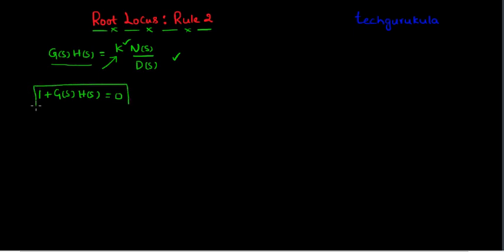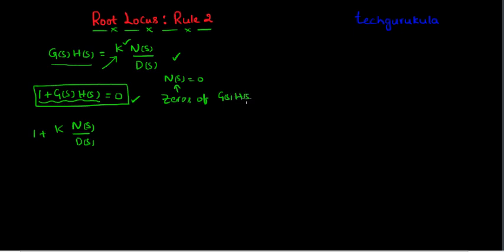So this function, which is 1 plus G(s)H(s), is the denominator of the closed loop transfer function, right? So here, let me take this G(s)H(s) as k times N(s) divided by D(s). Now if N(s) equals 0, then the roots of this N(s) are nothing but the zeros of G(s) times H(s).